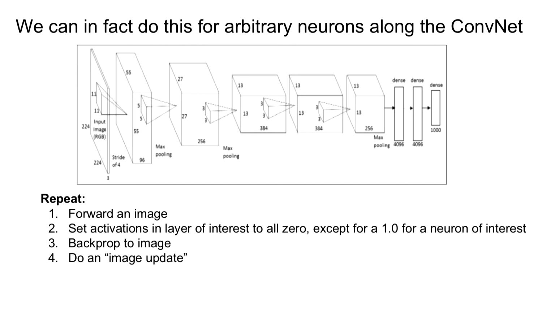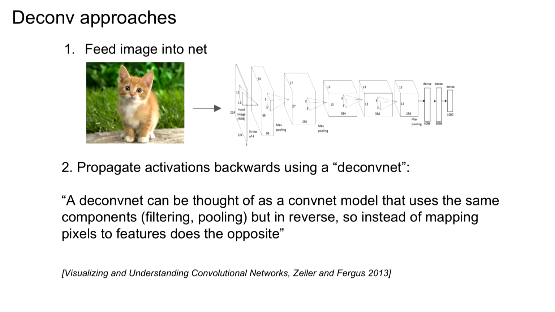Okay. So far we've been computing gradients or optimizing images for a particular output class, but we can also do it somewhere in the middle of the network. So we can pick neurons here or here or here, run the same kind of optimization and try to see what the image looks like. Yeah.